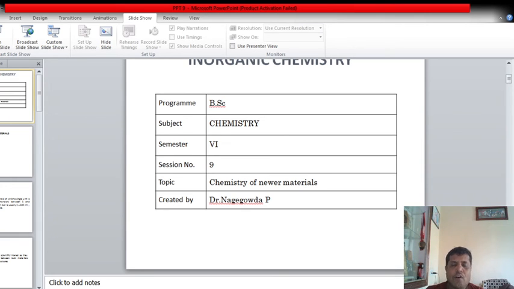In its basic form, this method consists of evaporating a metallic source using resistive heating inside a chamber which has been previously evacuated to about 10 power minus 7 torr and backfilled with inert gas to low pressure.